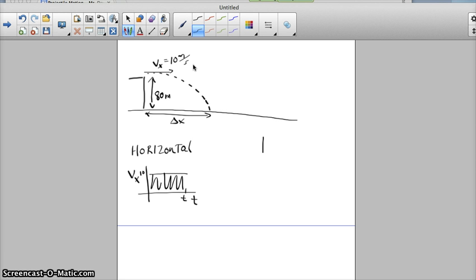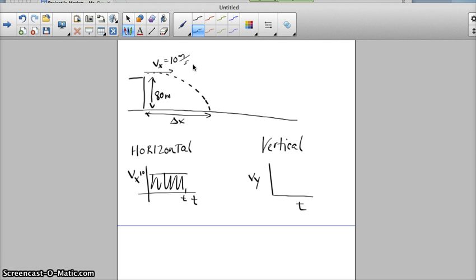Let's see what the vertical motion can teach me. Vertical motion. I'm going to draw a velocity graph again. Only now, my velocity in the y direction is going to start as nothing, but then as time goes on, my projectile is actually going quite fast downward as well as horizontally. So it's the same thing as if I dropped an object from rest.